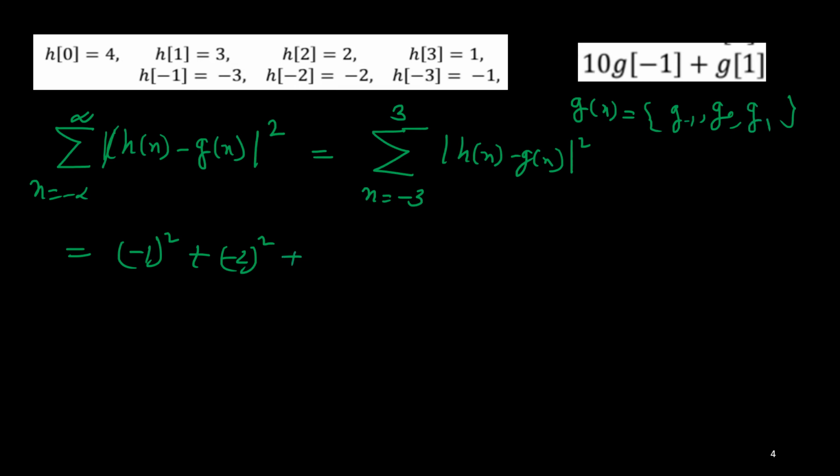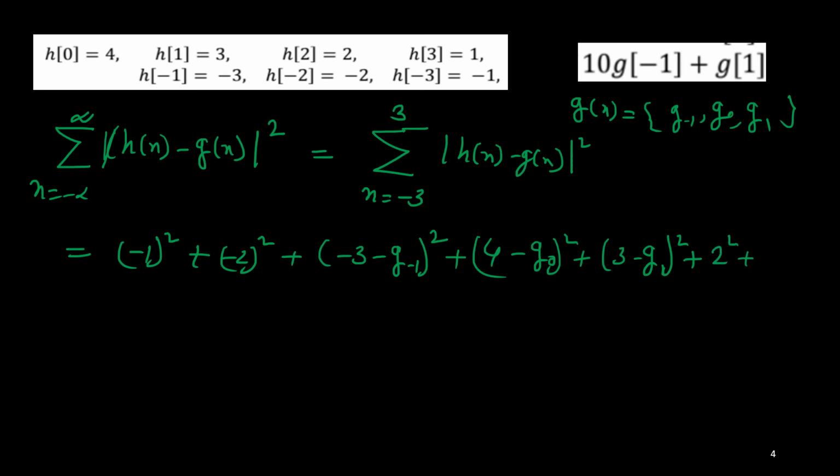Okay, so here h of minus 1 is minus 3, so minus 3 minus g of minus 1, that square, and plus at 0 it is 4 minus g0, that square, plus, and then on the right side it is 3 minus g1, that square, plus for n equal to 2, it is 2 square, plus this is 1 square.